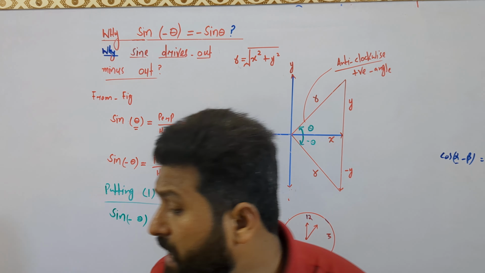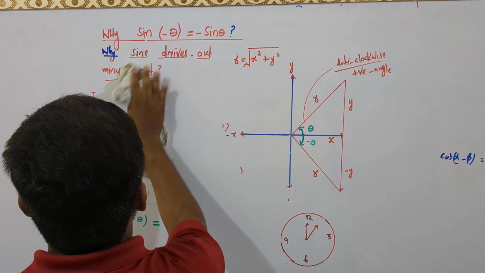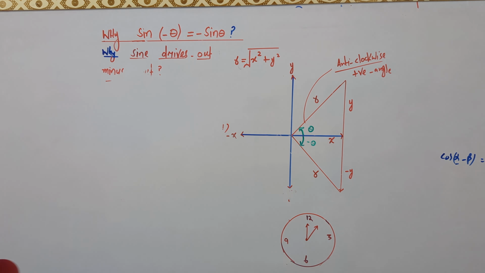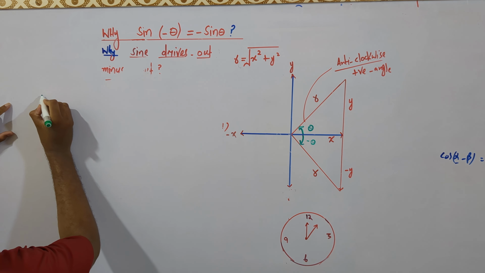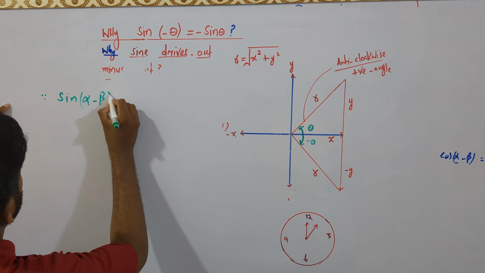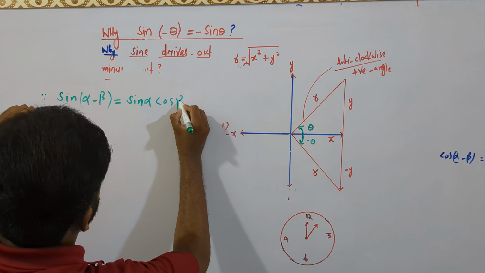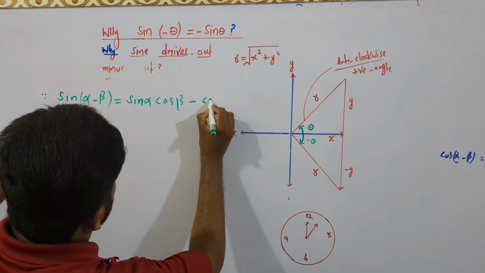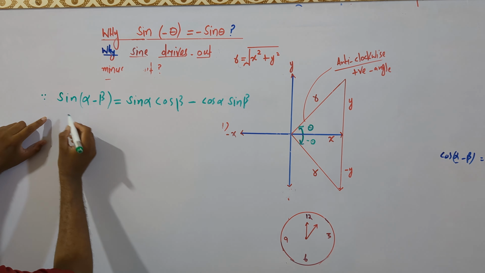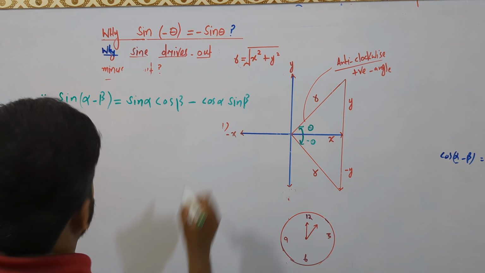There is another explanation. Let us see. We know that sine of alpha minus beta is equal to sine alpha cos beta minus cos alpha sine beta. You must have noticed that if there is a sine function, there would be the opposite function: sine cos, cos sine.